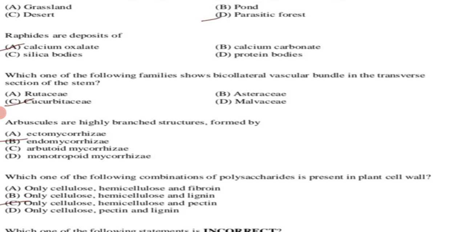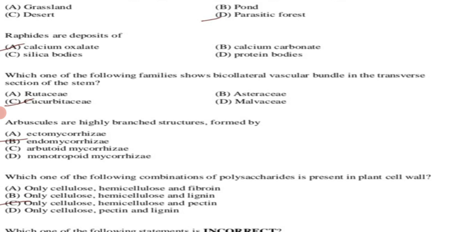In a radial arrangement of vascular bundles, xylem and phloem are arranged in an alternate manner on different radii. All the roots of the plants contain radial vascular bundles. Then conjoint: when xylem and phloem are present on the same radius, it is called a conjoint vascular bundle.